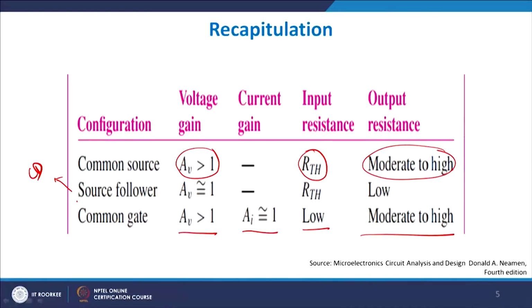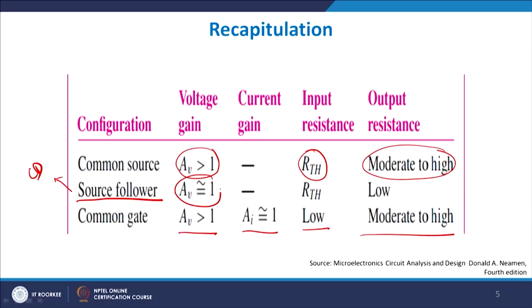So, how do you define a source follower? The signal on the source side of the device will be exactly equal to the input signal, with AV approximately equal to 1, right.